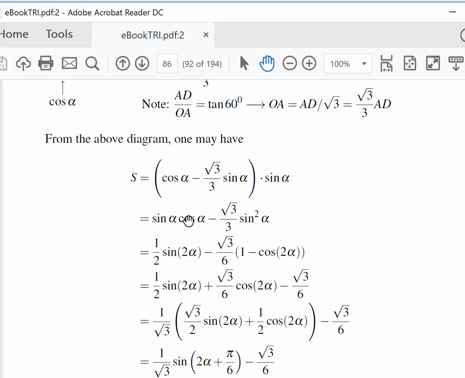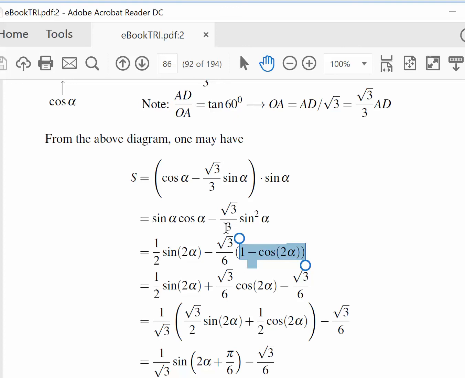The details have been explained a little bit. It's sine alpha times cosine alpha, you have that. Sine alpha times sine alpha is sine alpha squared. From here to here, you got to use the double angle formula, because cosine 2 alpha is 1 minus 2 sine alpha squared. Okay?